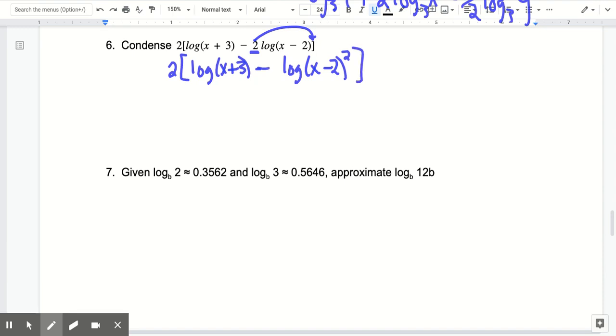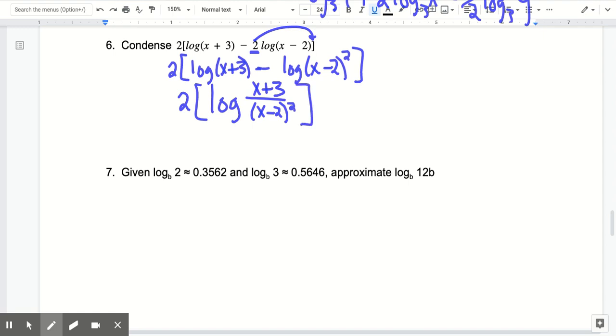Okay, like that. Now that's a subtraction, so I can pull it back together as division. There's just one log when we do this. So log of x plus 3 over x minus 2 squared.